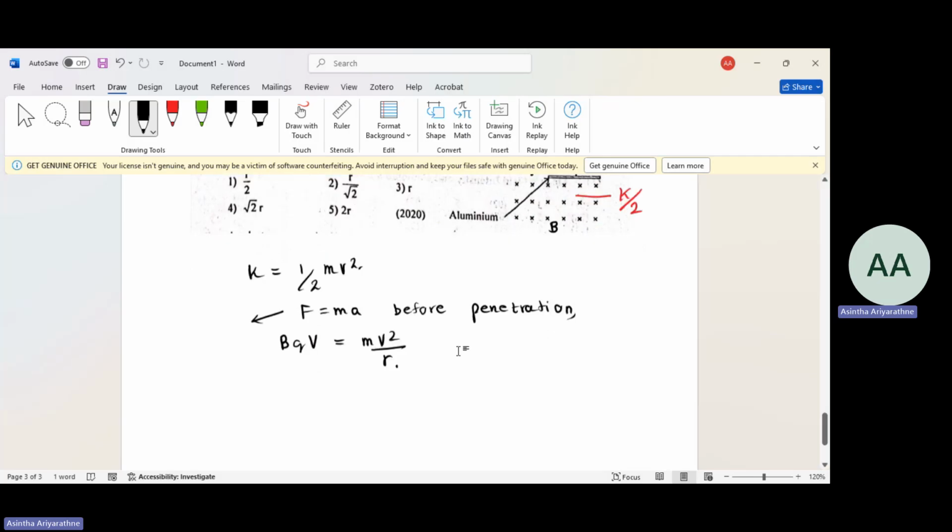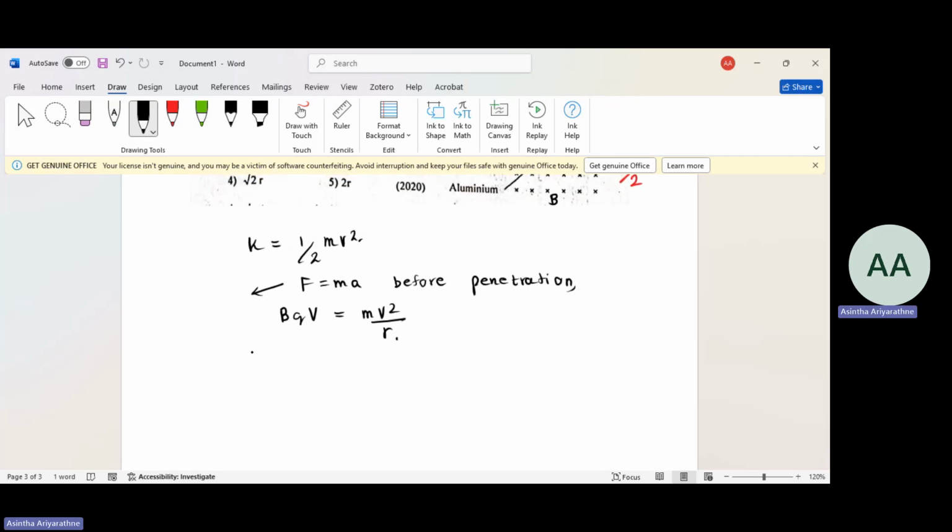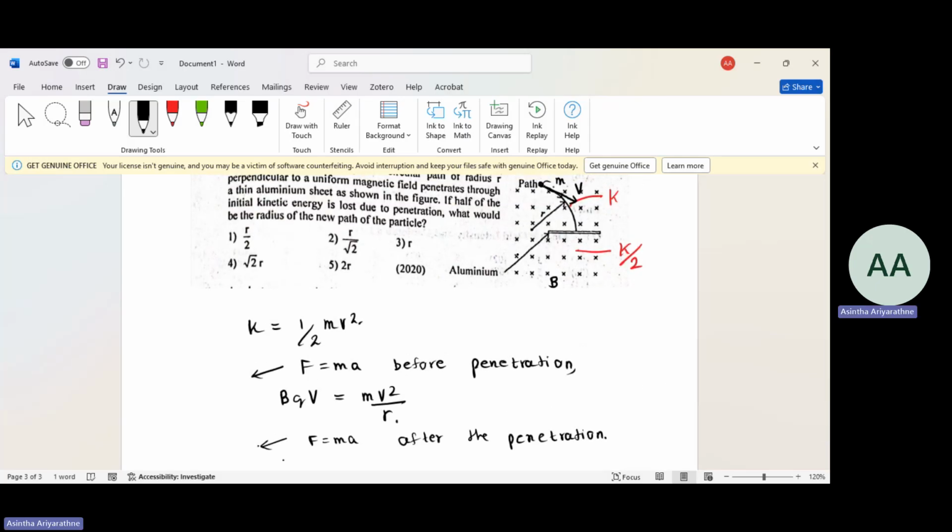And after the penetration, we can also apply force towards the center equals m a. Let's say the velocity after the penetration is v dash.